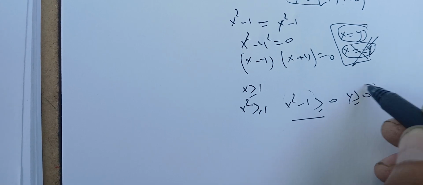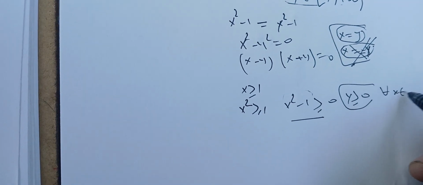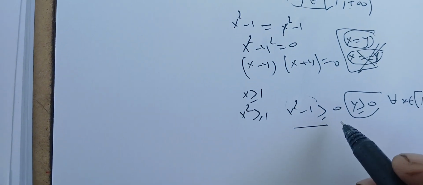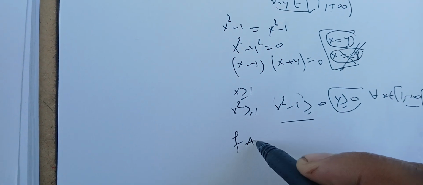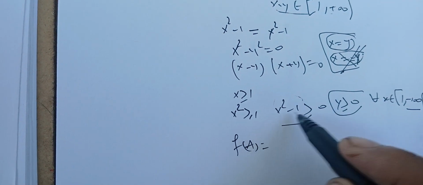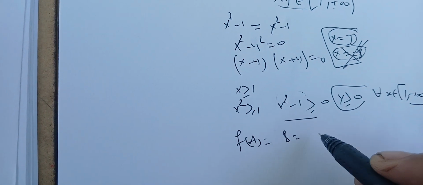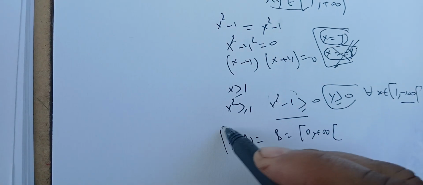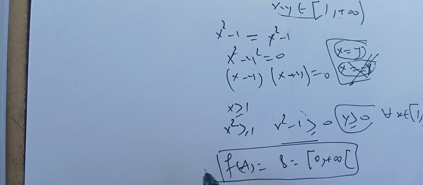So y is bigger than 0 for all x's in 1 to plus infinity. That means f of any x that we take is in b, where b is 0 to plus infinity. This proves that f is surjective.